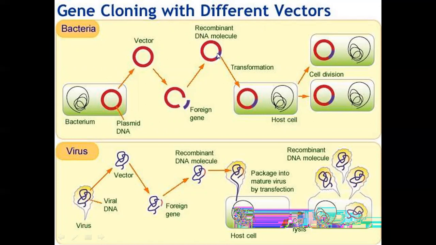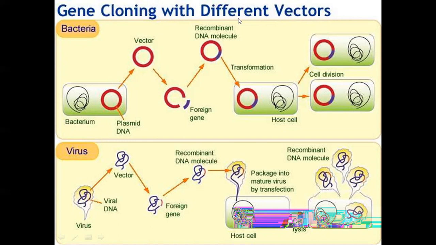See here it has been inserted. This is the recombinant DNA molecule. Now, through transformation, you transform this recombinant molecule into the host cell. When the host cell replicates, from 1 it makes 2, from 2 it makes 4, so likewise the recombinant molecule is also multiplied.